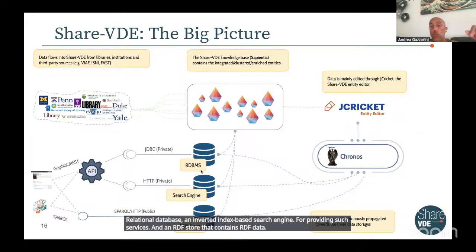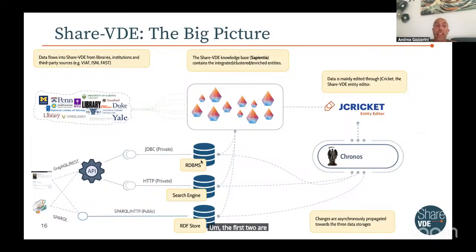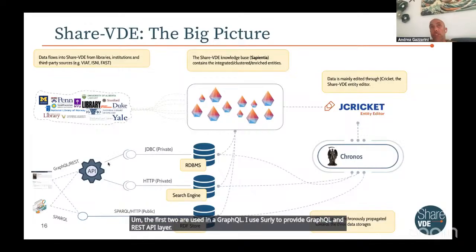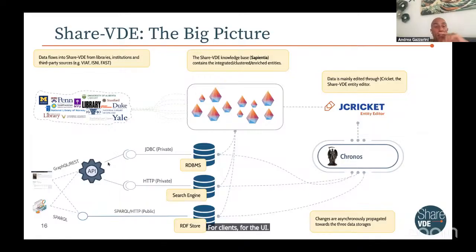The first two are used to provide a GraphQL and REST API layer for clients, for the UI. And the third one provides the SPARQL interface over HTTP.